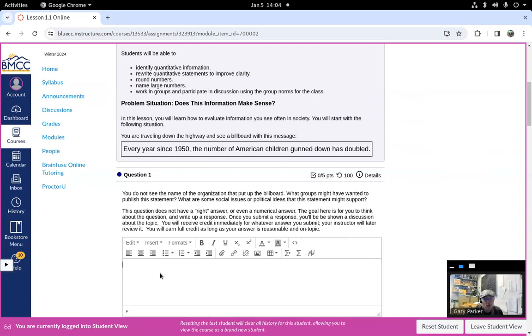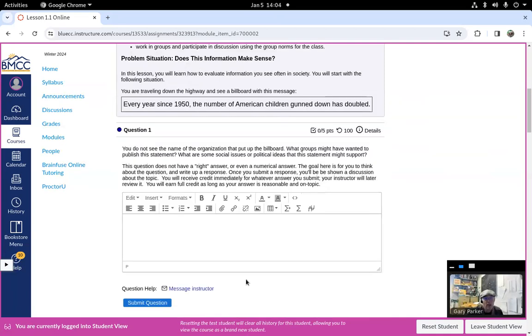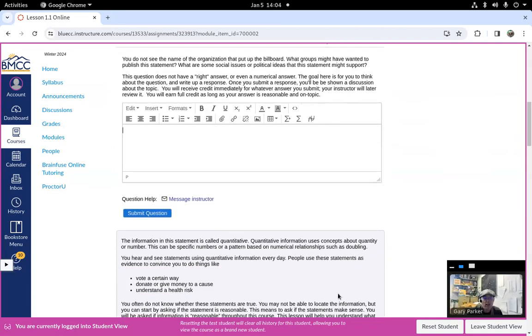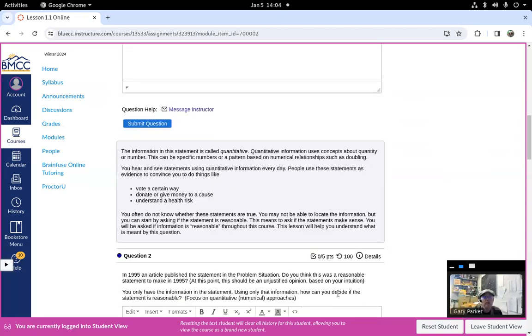Just write a couple of sentences down here in the box, and I will take a look at them later this week after the majority of students have submitted those. So feel free to pause this and write stuff down, and then we'll move on.